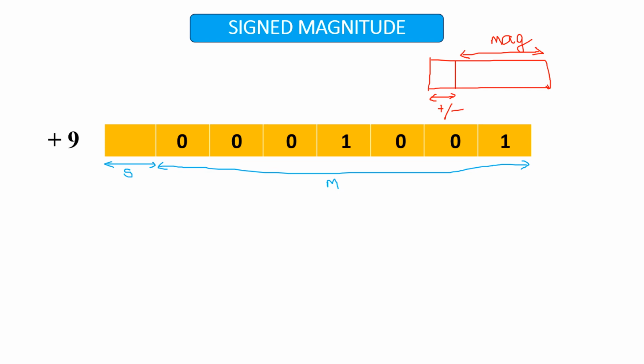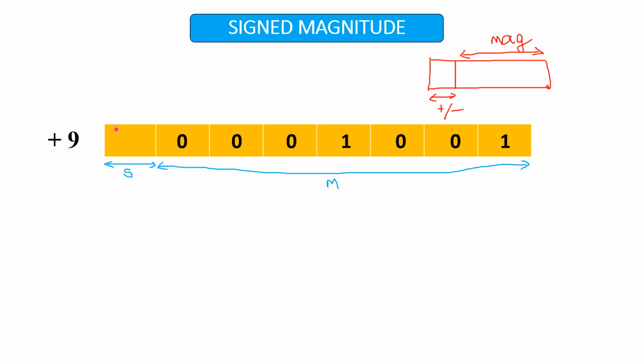For 9, the binary equivalent is 1001. I am going to represent it in 8-bit form. So 1 bit I am assigning for the sign, and the other 7 bits I am using for the magnitude. The binary equivalent of 9 is 1001, so I am putting extra zeros to make it 7 bits.